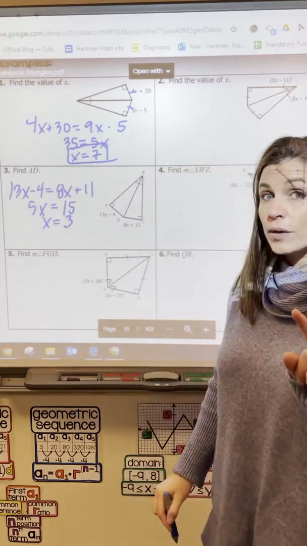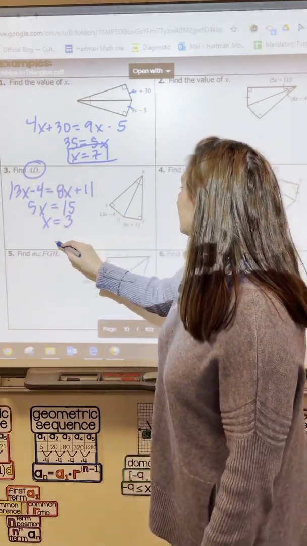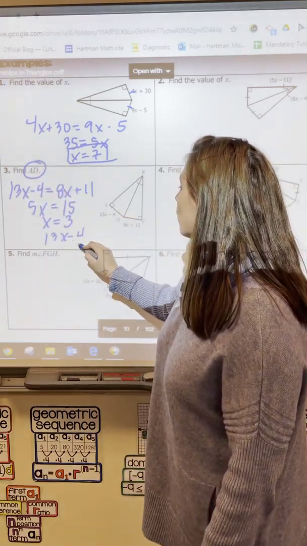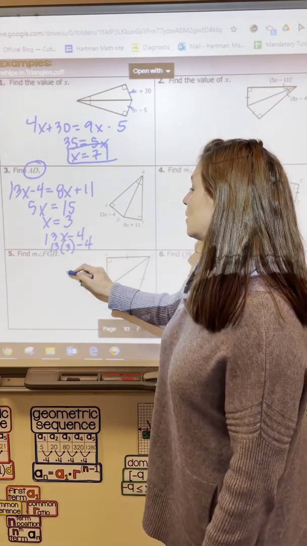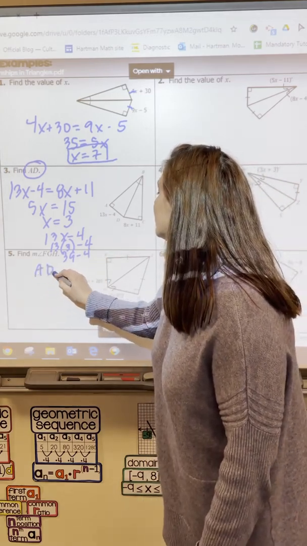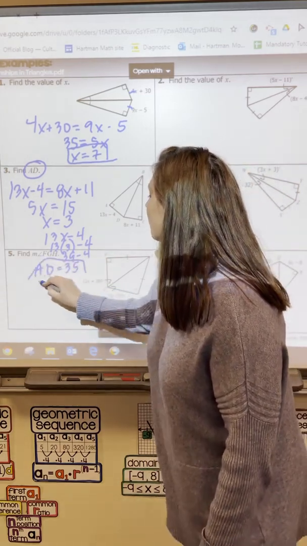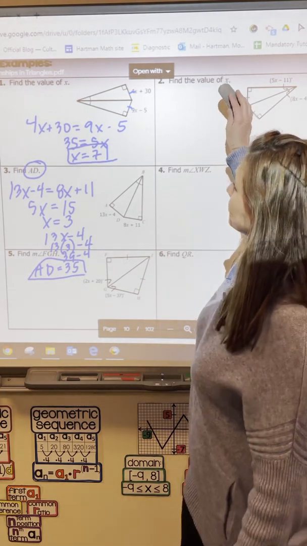But that's not what the question's asking. The question's asking for AD. So if AD is 13x minus 4 and x is 3, 13 times 3 minus 4 is 39 minus 4, making AD equal to 35. Okay, so AD is equal to 35.